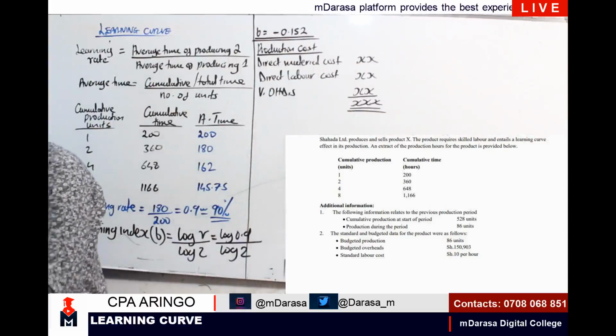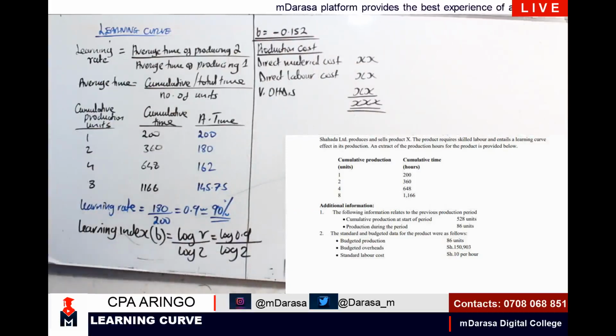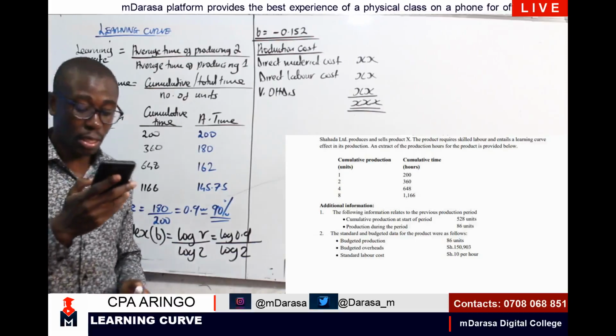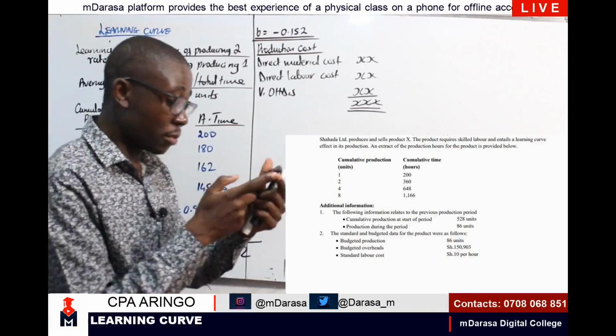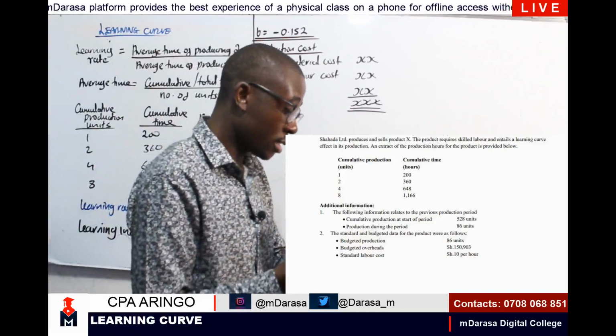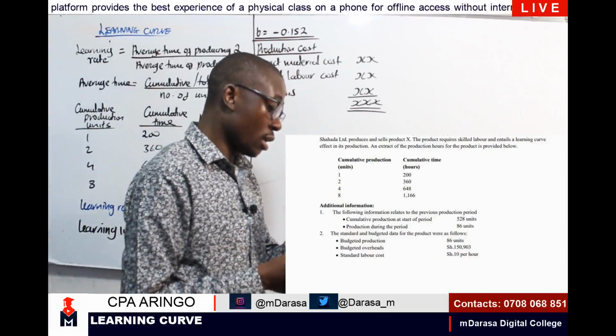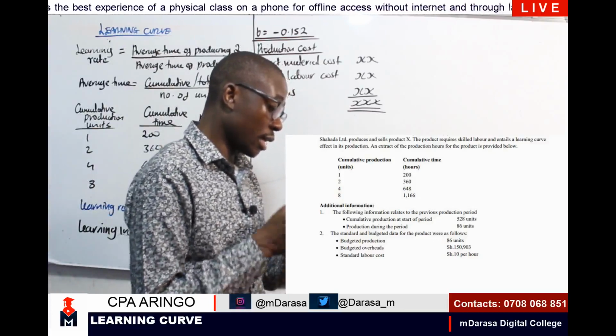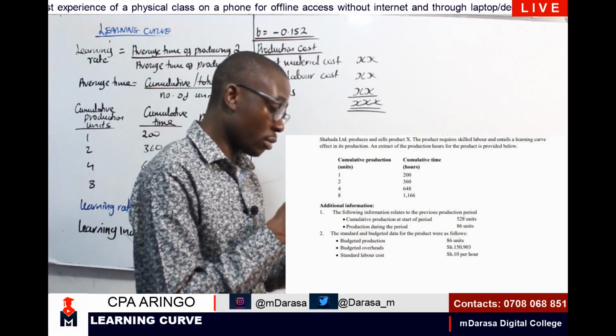We can clearly see that I was given, of course, my material cost. Look at that note, note number 2. Budgeted production units is 86 units. Budgeted overheads is 150,903. Standard labor cost, I'm given 10 shillings per hour.